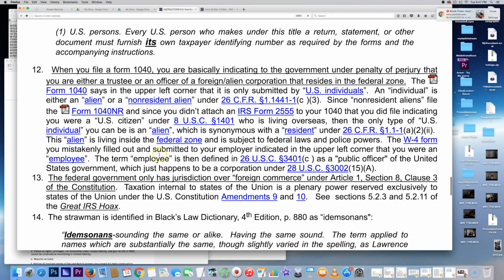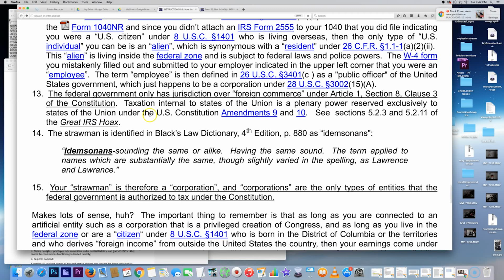The term employee is defined as a public officer. It is a public officer of the United States government, which just happens to be a corporation up under the United States Constitution 3002.